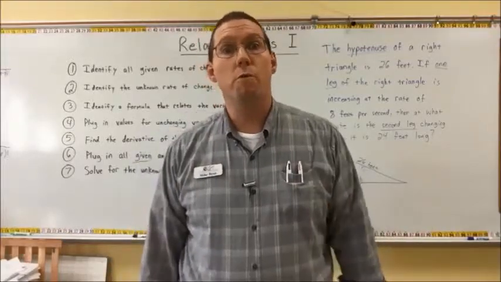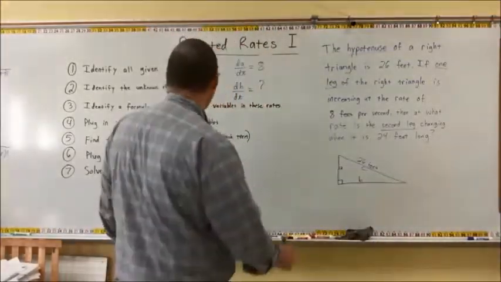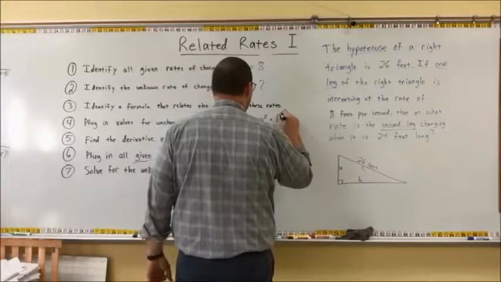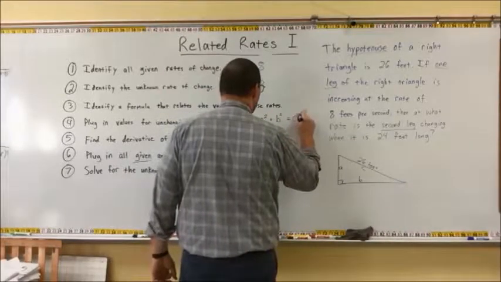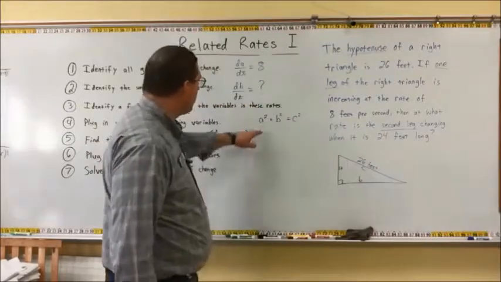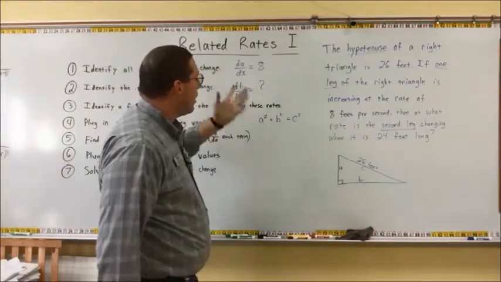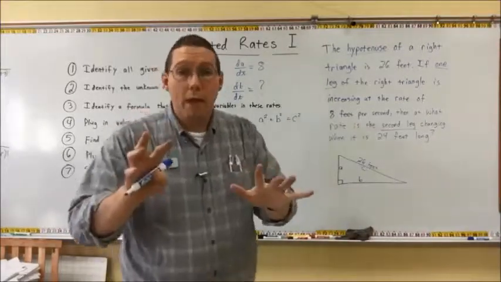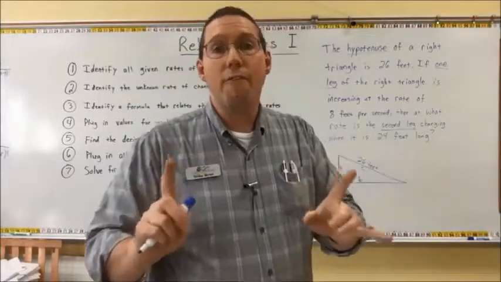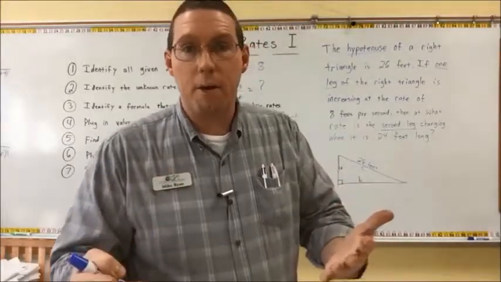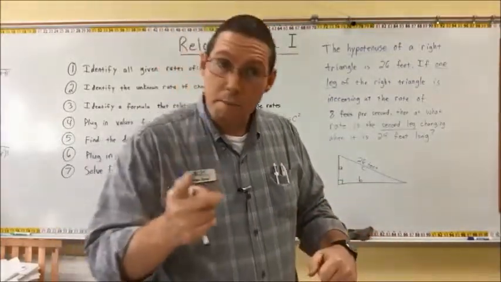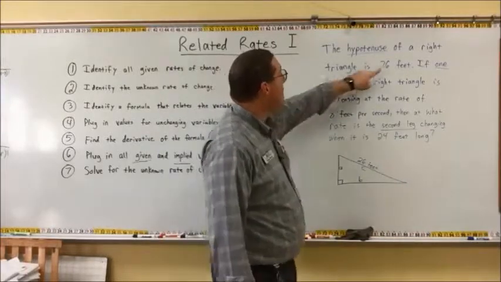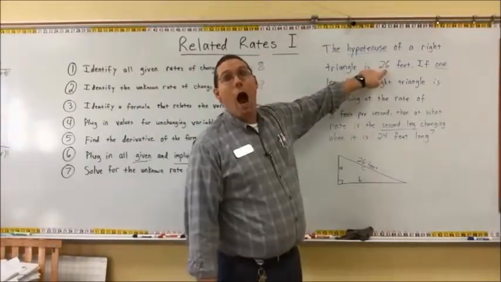So that's what we're going to use, the Pythagorean theorem, a squared plus b squared equals c squared, right? And it relates a to b. Now you may say, yeah, but Mr. Ryan, it also has a c in it. That's okay. It's okay to have a formula that has an extra variable. That's just fine, especially if that extra variable is not changing.